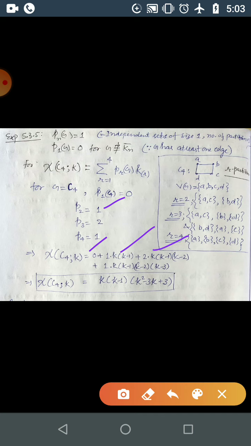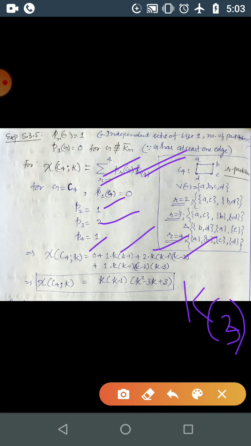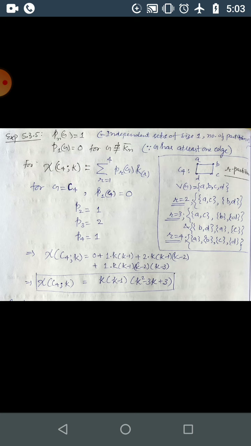Next, P3 is 2 and it will be 2 into k into k minus 1 into k minus 2, that is k_(3) in case of P3, correct. And if it will be k_(4), then P4 is 1 and k_(4) is this one. So anyways this is done, correct.